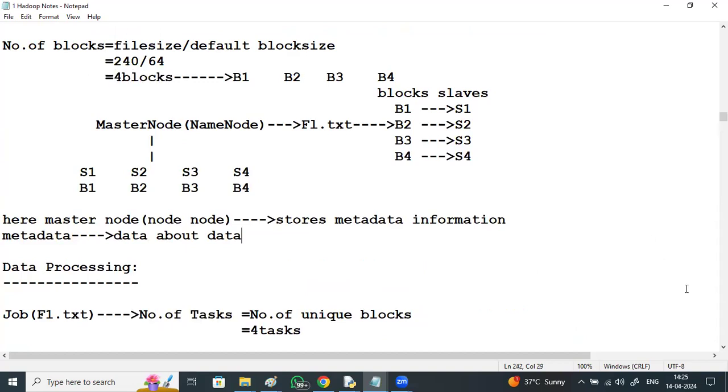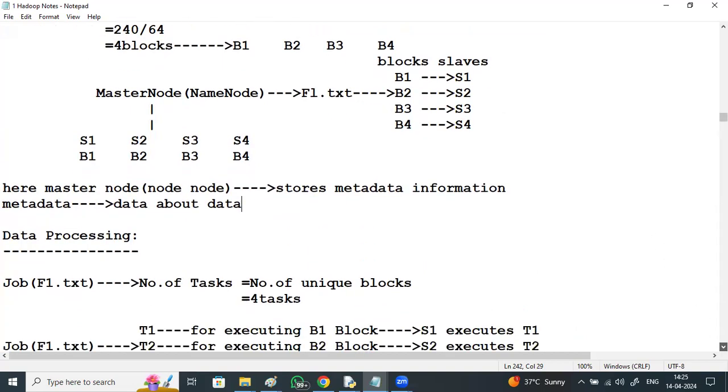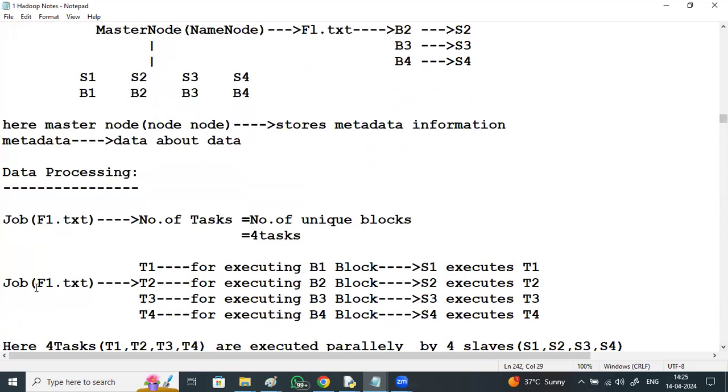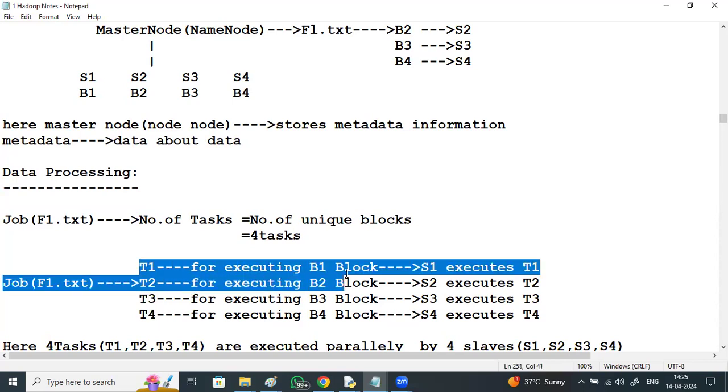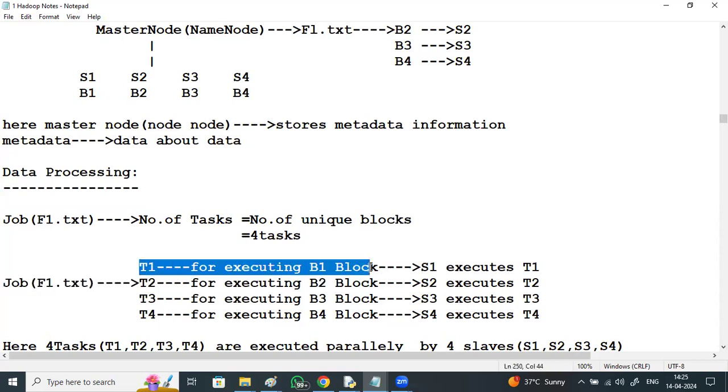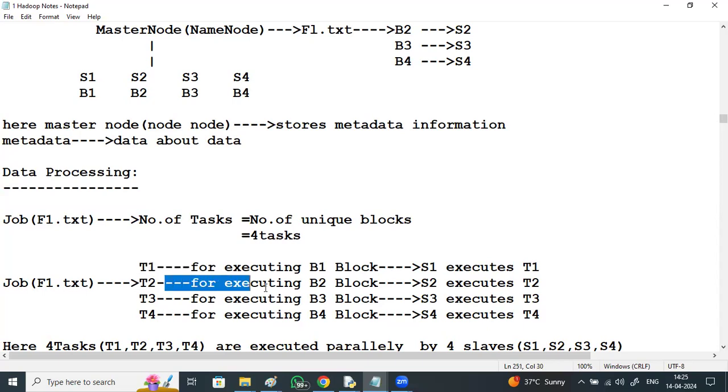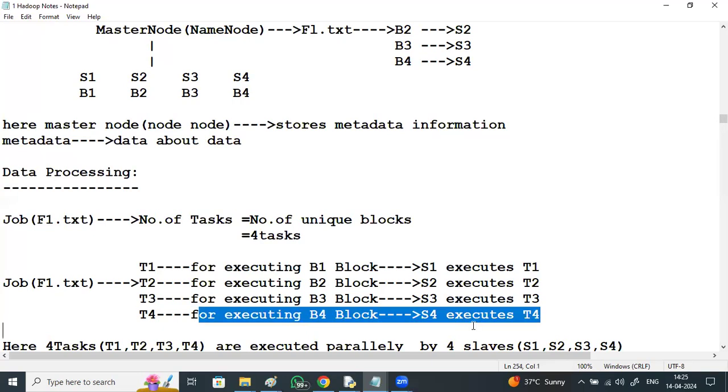So here you will see 4 tasks: the job of f1.txt into 4 tasks T1, T2, T3, T4. T1 is for executing the B1 block, T2 for B2, T3 for B3 and T4 for B4.